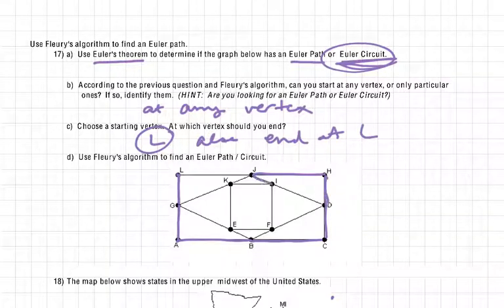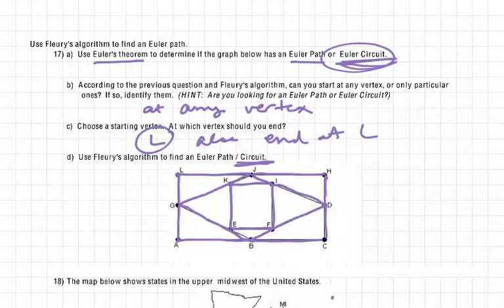Then I'm going to go to I, and then I'm going to go to D, F, B, E, G, K. I'm going to go down to E, F, I, K, J, back to L. That is one Euler circuit right there. I went through each edge exactly once. I know it looks like I repeated right here because I had a little hiccup with my pen, but I went through each one exactly once.